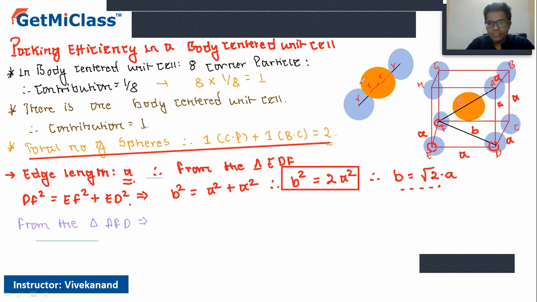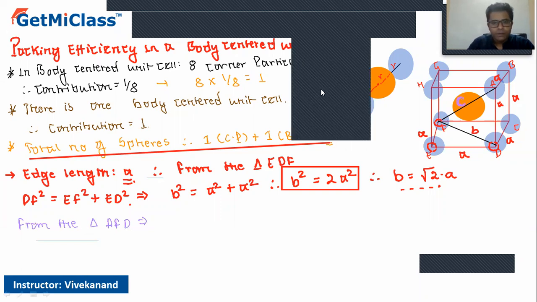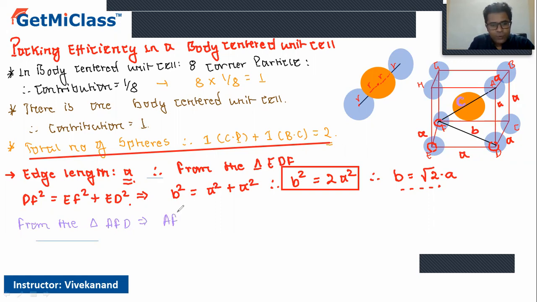Now let's say that AF is nothing more than c. So here, AF square is equal to AD square plus DF square, right? So therefore, c square is equal to AD square, AD is a, so a square plus DF square. DF is nothing more than b, so it becomes b square.